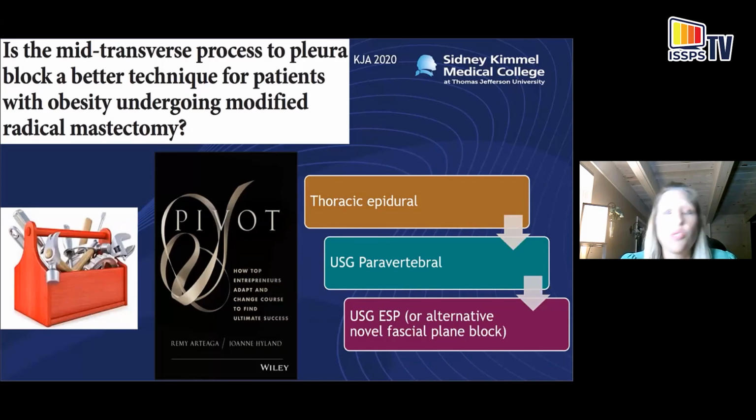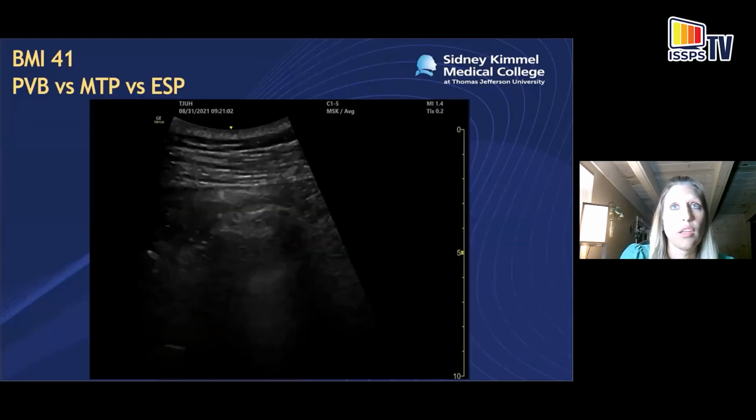So then we changed course and did bilateral erector spinae catheters, and the patient did very well. So I think it's just important to remember there are options in the obese patient. Just because the first option doesn't work out, don't abandon. Keep trying and think about what else you can do in your algorithm.